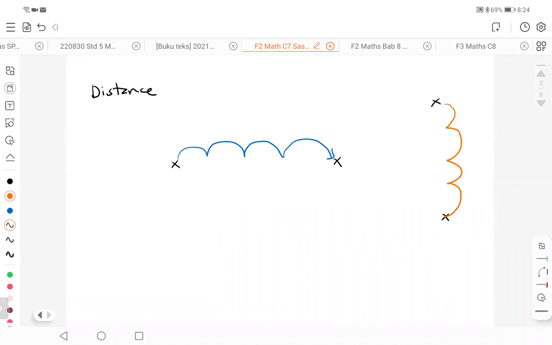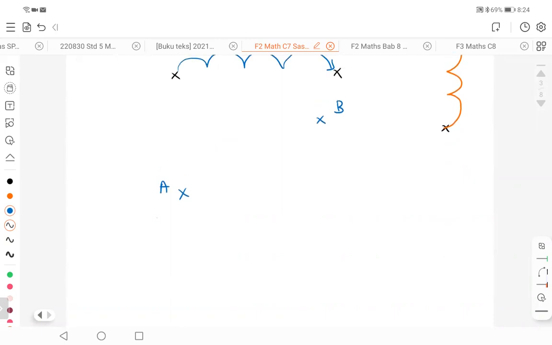But if you have 2 points on different heights, let's say like this, this is point A and this is point B. Given coordinates of point A is 1, 1. Point B is 7, 9.